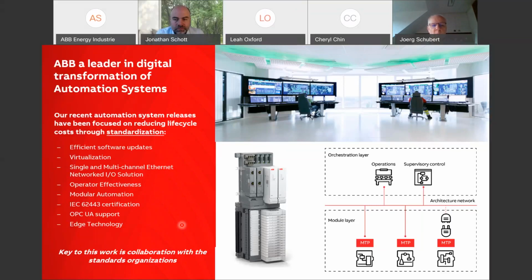So OPC UA for ABB is a fundamental building block of future system architectures. It helps to integrate third-party equipment in a very efficient way, and also helps to extract data that shall go into the digital world, for instance, in an efficient and safe manner.